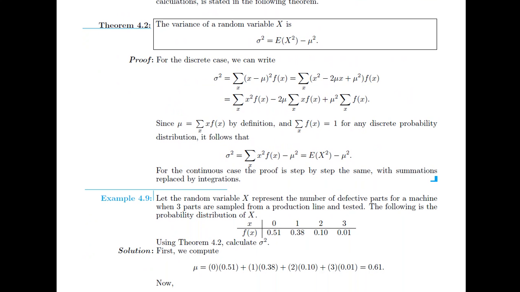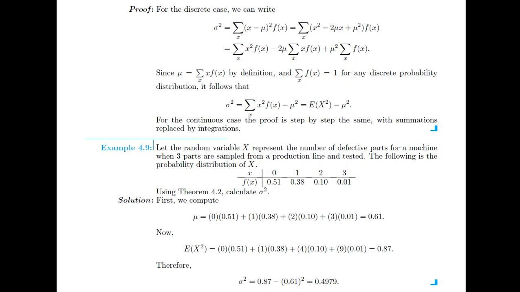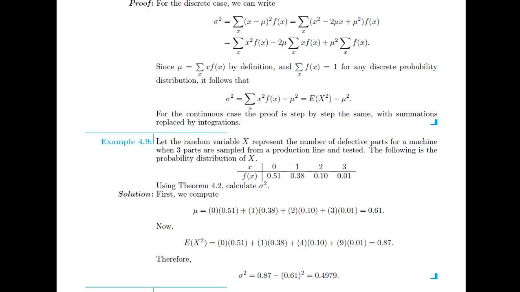Since mu equal summation of x times f of x by definition, and summation of f of x equal 1 for any discrete probability distribution, it follows that sigma square equal expected value of x square minus mu square. For the continuous case, the proof is step by step the same, with summations replaced by integrations.